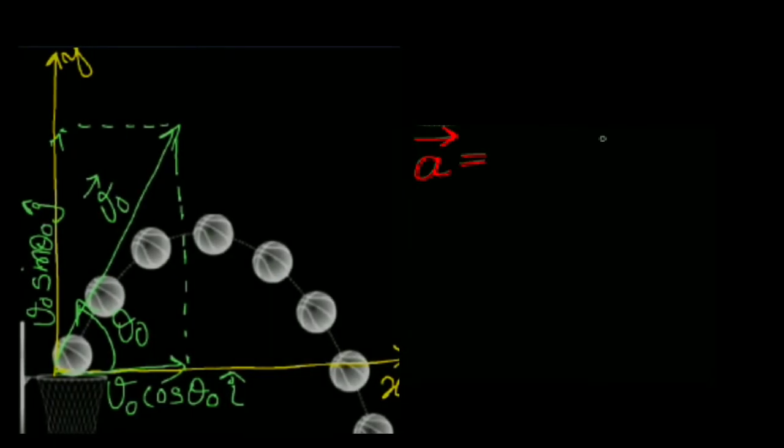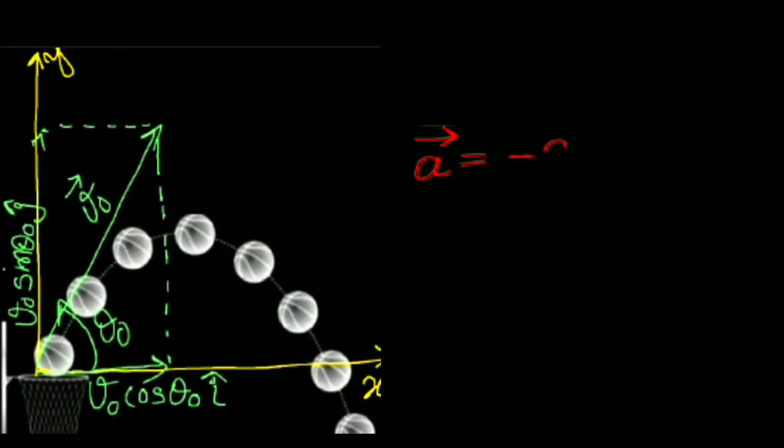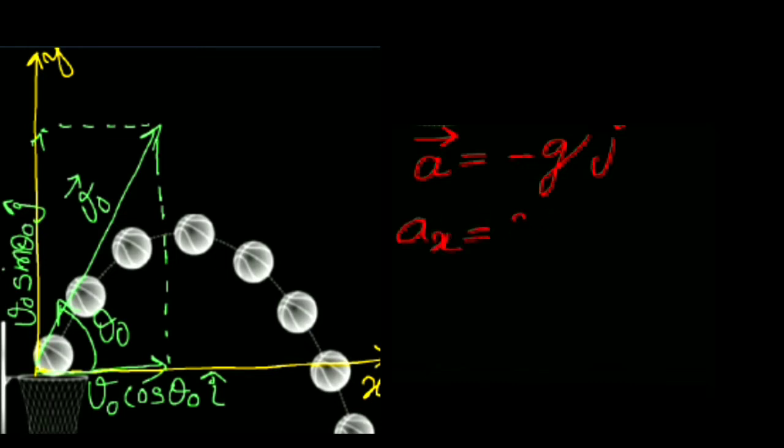The acceleration acting on the projectile is due to gravity, which is directed vertically downward, and that's why vector a equals minus g j cap. Here x component is absent, so a of x equals 0 and a of y equals minus g.